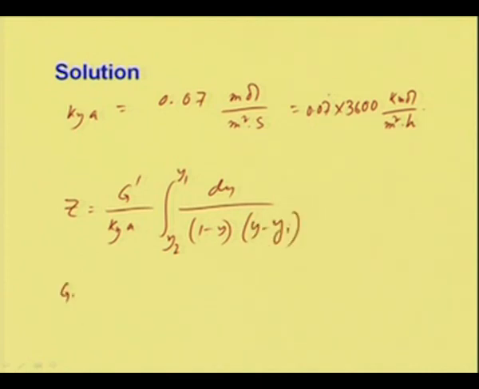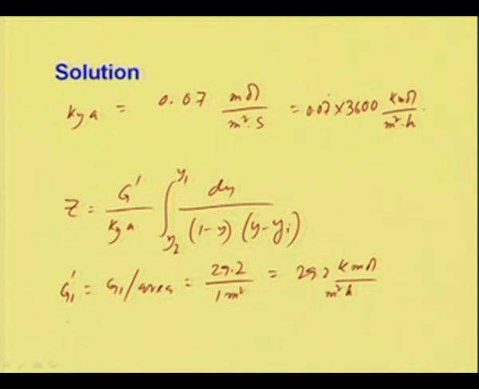So, you have to calculate G1 dash first, which is G1 by area. Area is given as 1 meter square. So, 29.2 by 1 meter square, which is 29.2 kmol per meter square hour.